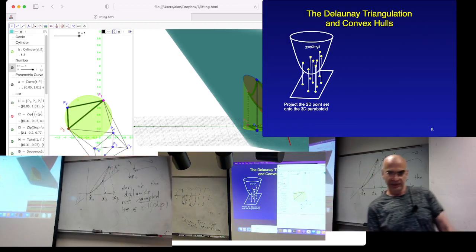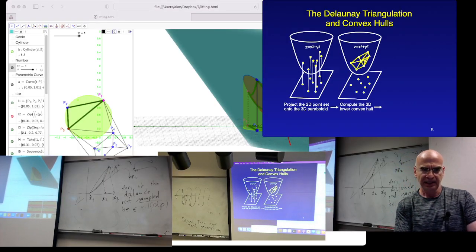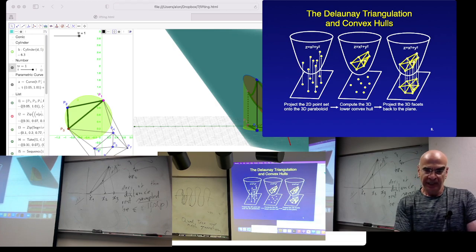So that's it written. And of course, I'll share with you the links. Take all the points that you had, move them onto the paraboloid, compute their convex hull, yet another way to compute Delaunay triangulation. And here are all the faces, where each face is a triangle.